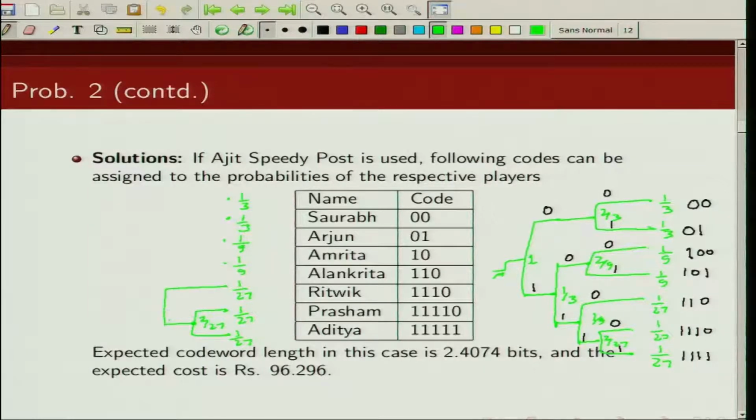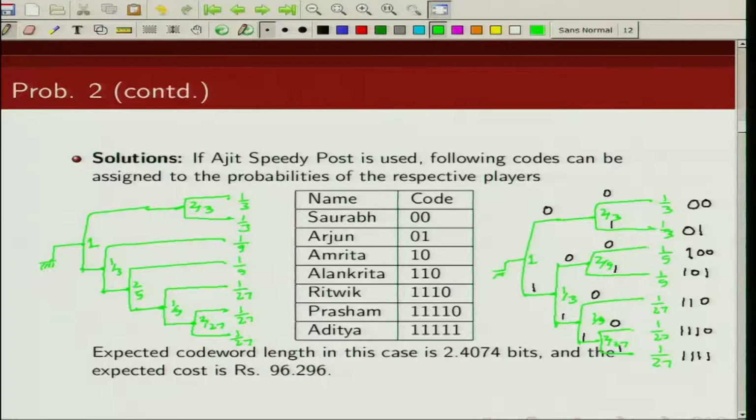Then I combine these two, I get a new node which has probability 1 by 9. I can combine these two nodes, get a new node with probability 2 by 9, and then I can combine these two, I get a new node which has probability 1 by 3. I can combine these two nodes, get a new node with probability 2 by 3, and then I can combine these two, get my root node with probability 1.